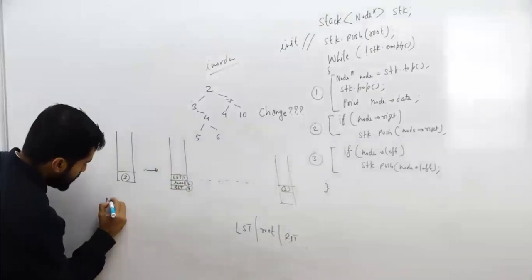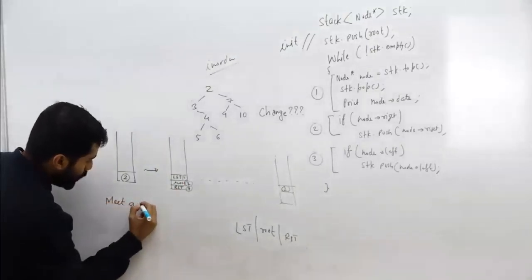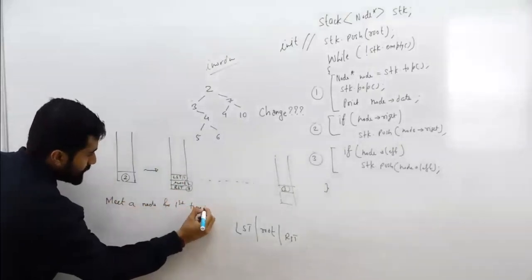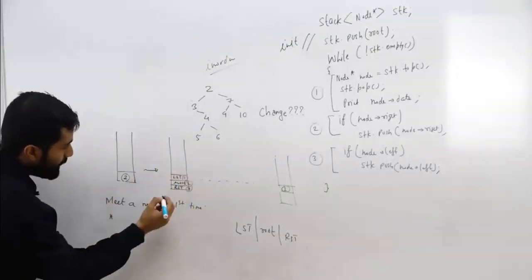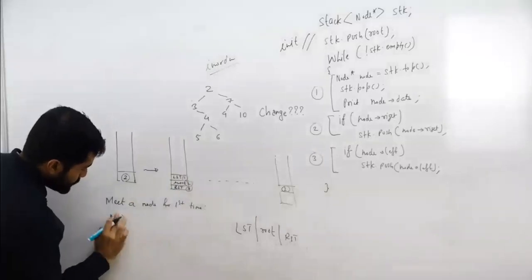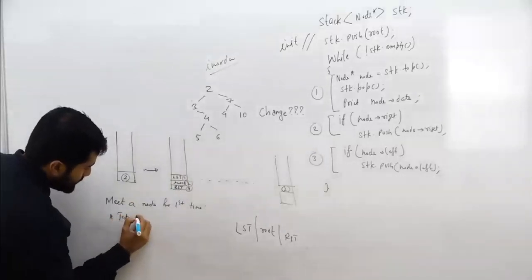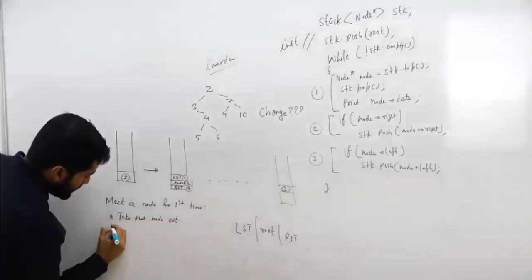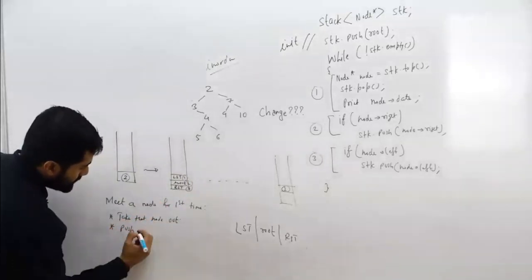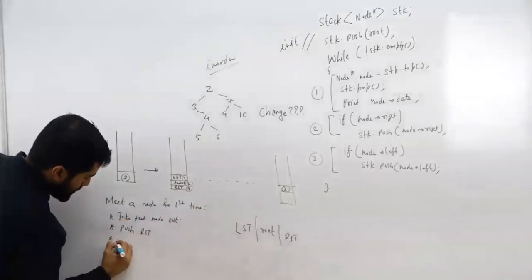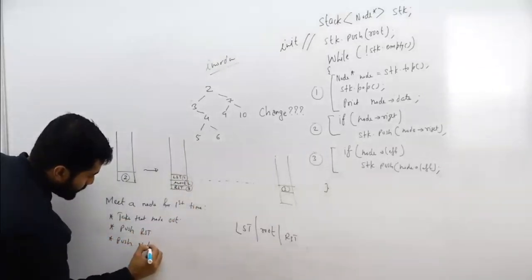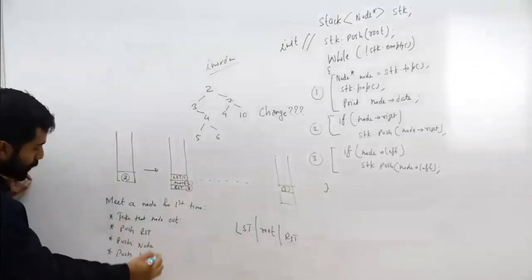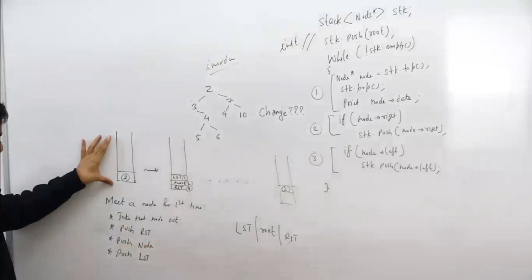If you meet a node for the first time, then what you have to do is first take that node out, and then push the right subtree, push the node, and then push the left subtree. Doing so will ensure that you move from this state to that state.